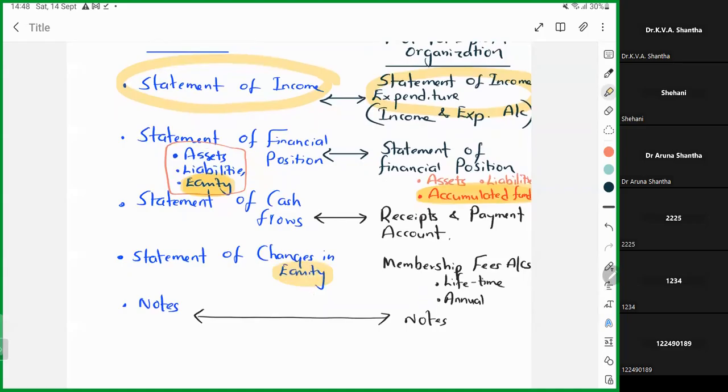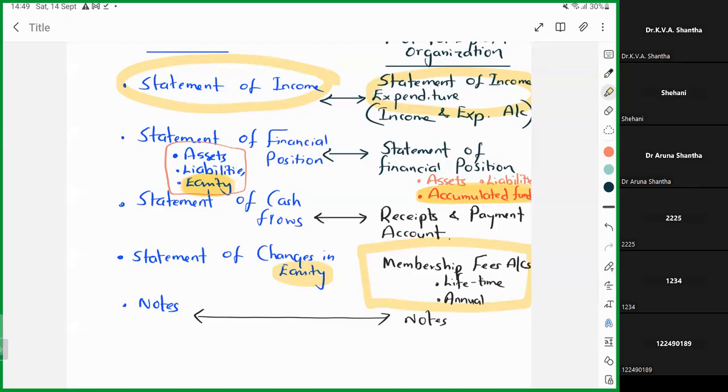In not-for-profit organizations, owners are the members, so you have to show the membership fees accounts. Likewise, you can understand the similarities and differences.